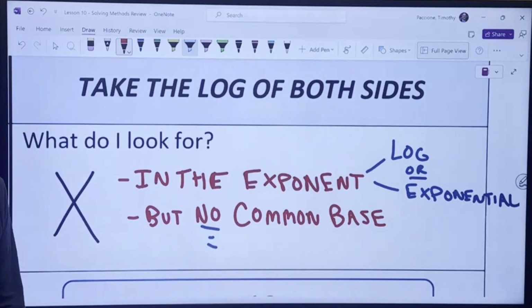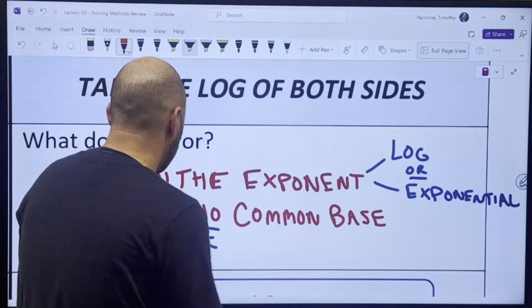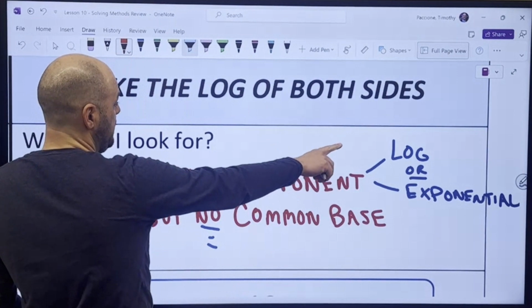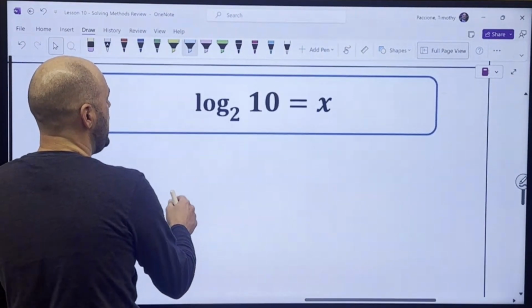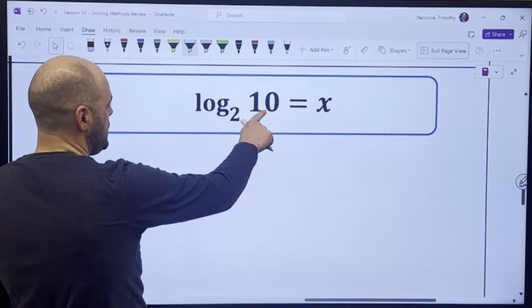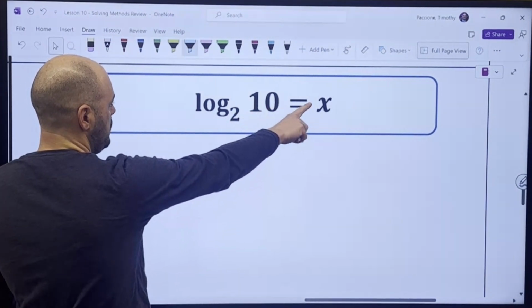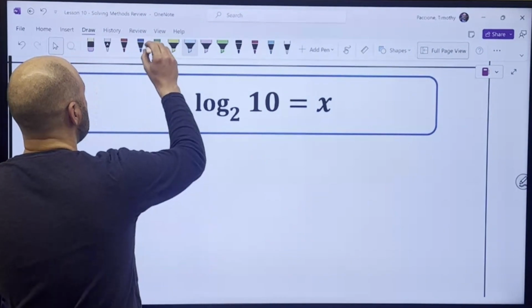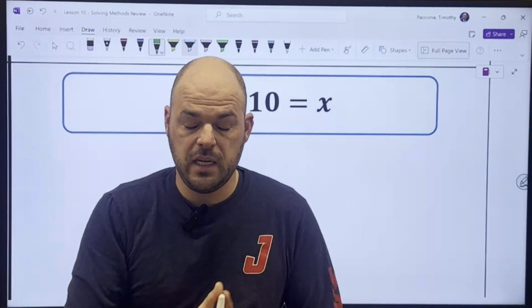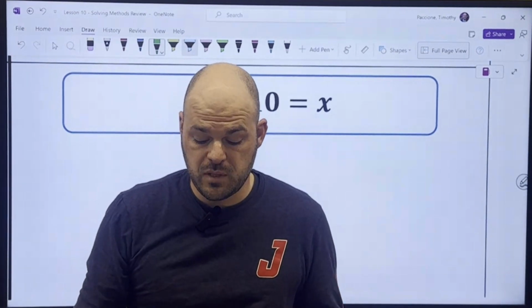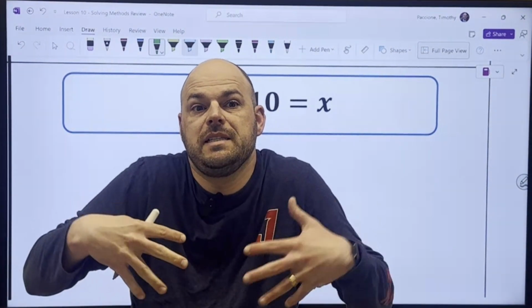Okay? So let's look at the situations we have here. Remember we said this could be in a log or exponential, so we'll look at both. Here I have a log, right? I got my base, I got my answer, I got my exponent. Well, x is in the exponent. So sometimes, like we talked about, that first strategy is rewrite in exponential form. Well, sometimes even that strategy is going to be inside another strategy.